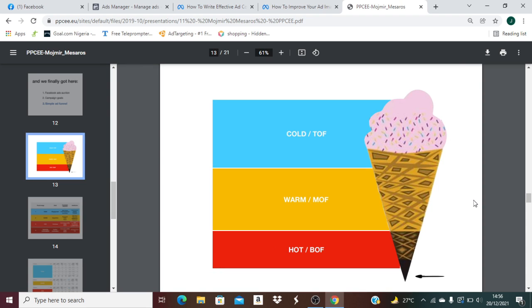Sales funnels are divided into the cold or top of funnel, the warm or middle of funnel, and the hot or bottom of the funnel.